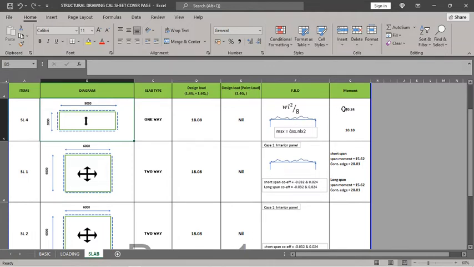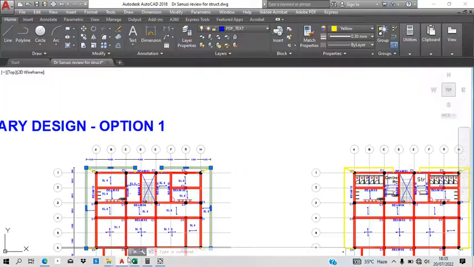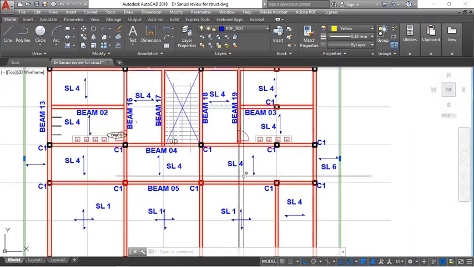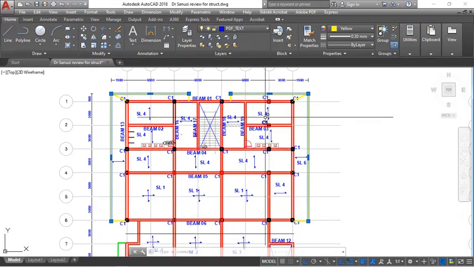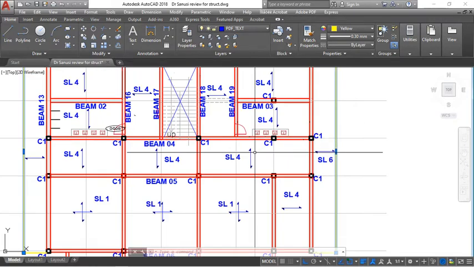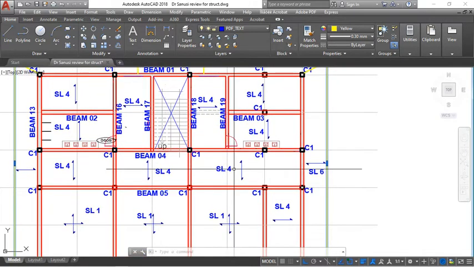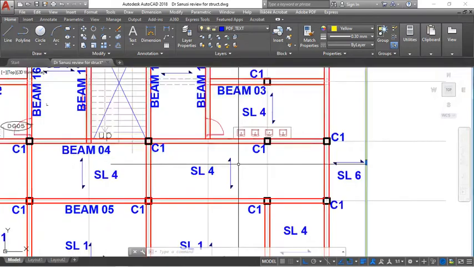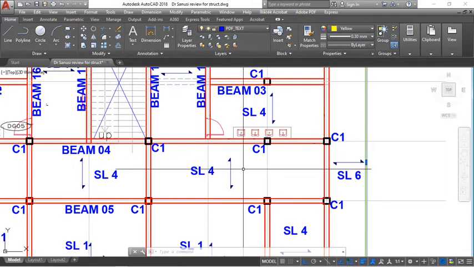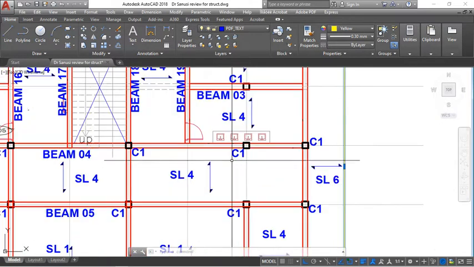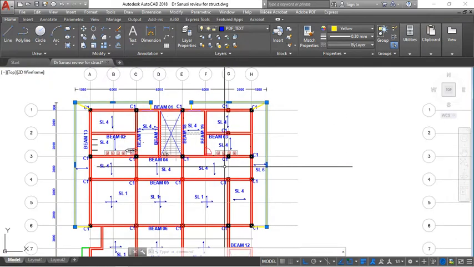And this is the maximum span moment based on this formula, which is 20.38. But mind you, I have other adjoining slabs that form a kind of restraint for this particular slab, which means that this particular slab that I'm taking as a representative for design is not standing alone.